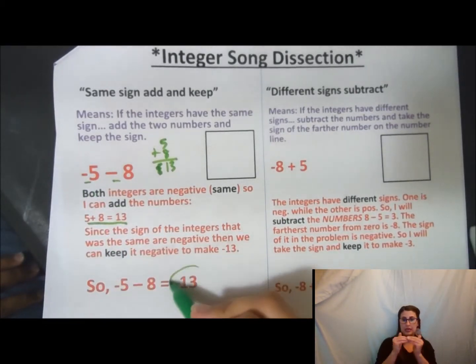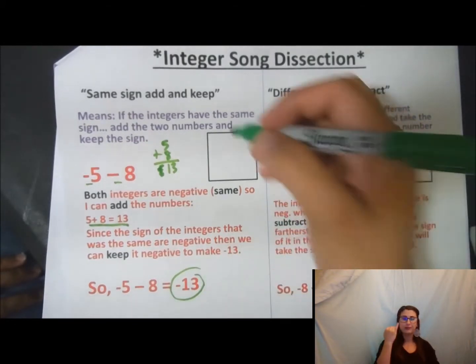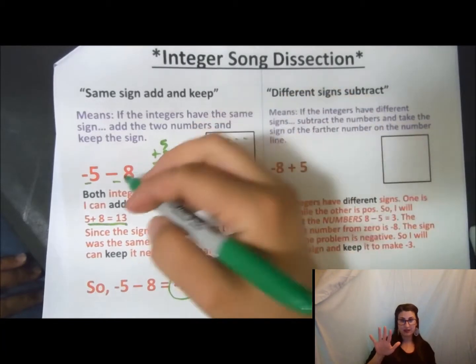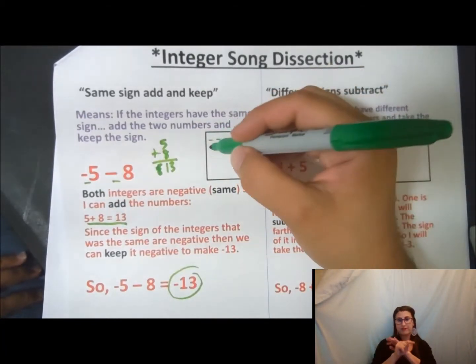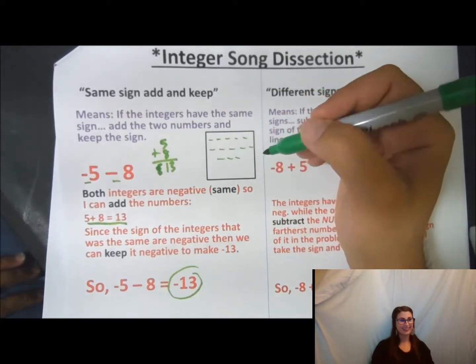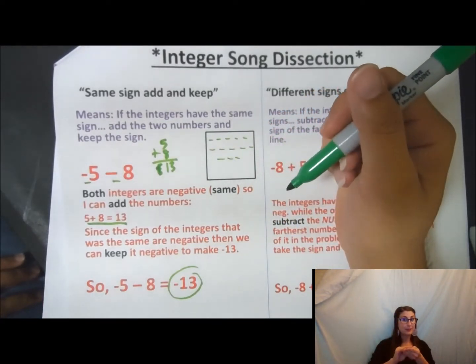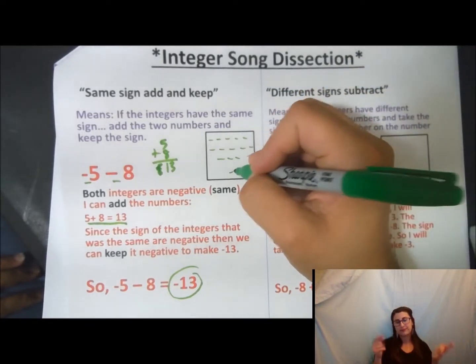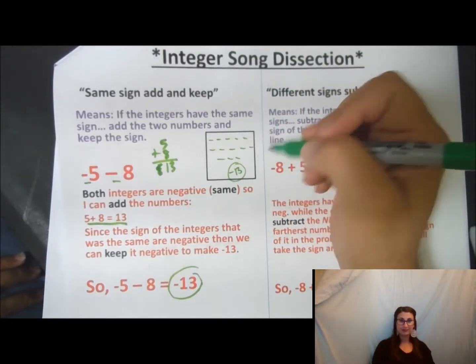So then it makes negative 13. And if you were to use a jar to verify, 5 negatives for negative 5, and then 8 negatives, 1, 2, 3, 4, 5, 6, 7, 8. If you add them up, then you get 13. So that makes negative 13.